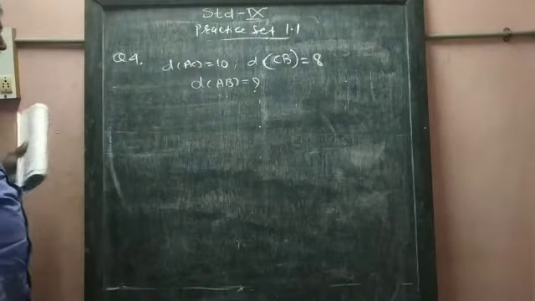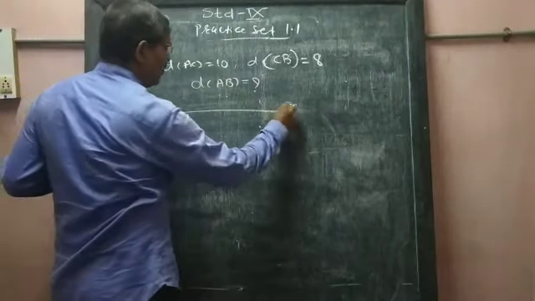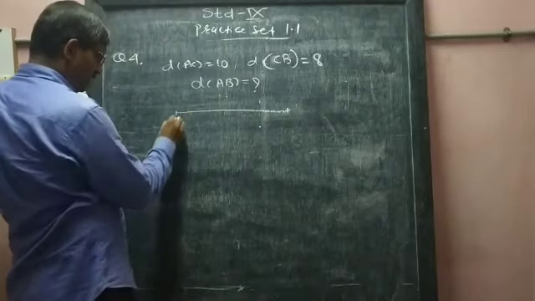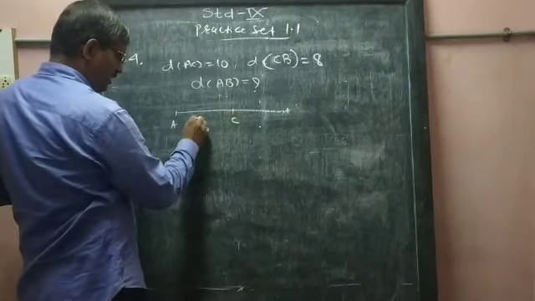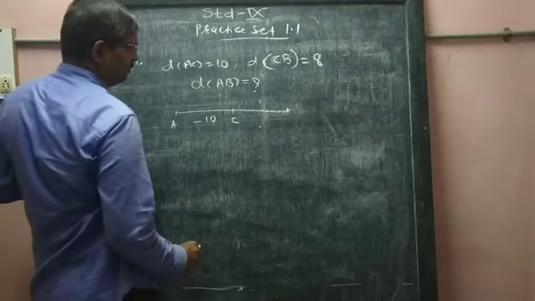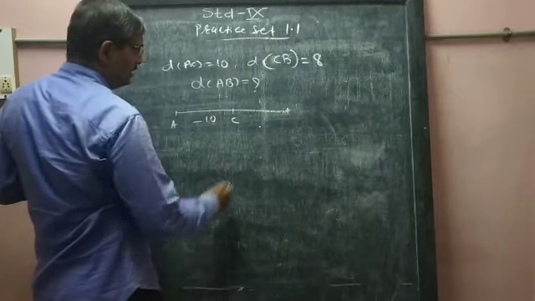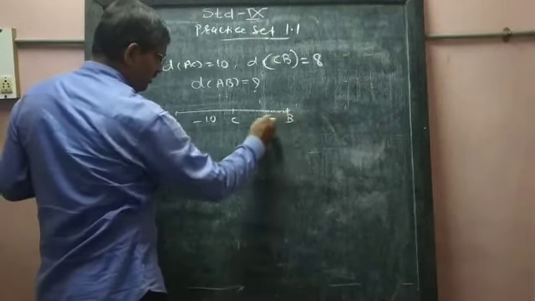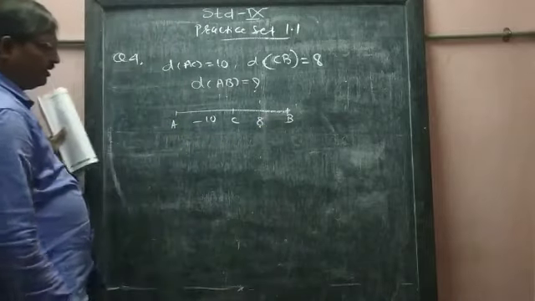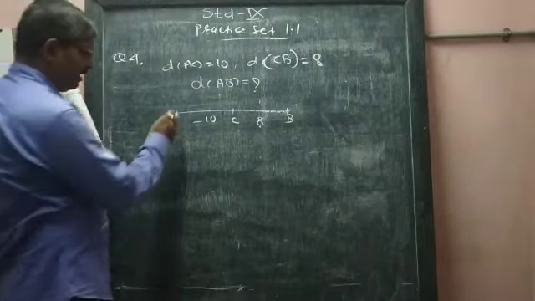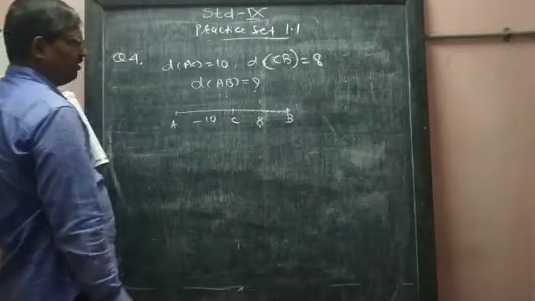You want to find distance AB. AC is given 10, and CB is given 8. So AB we have just calculated: AC plus BC means 18 we have got.